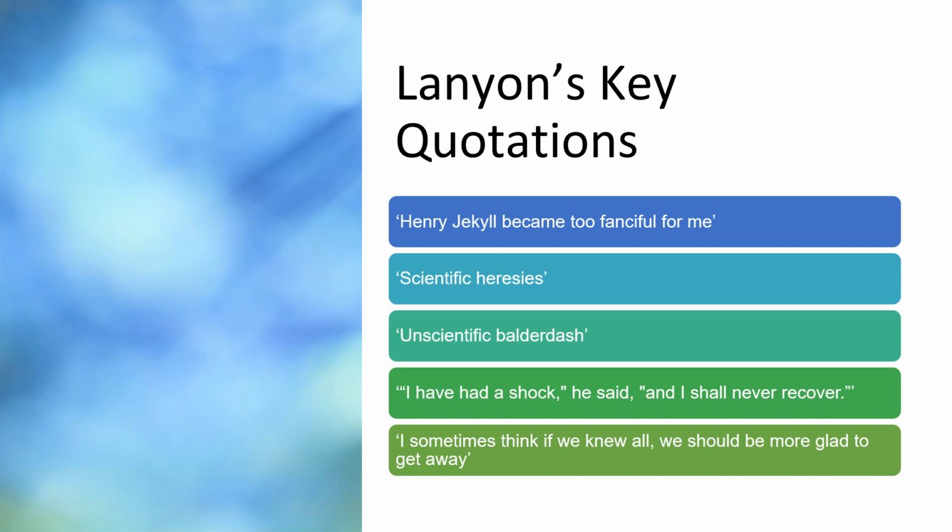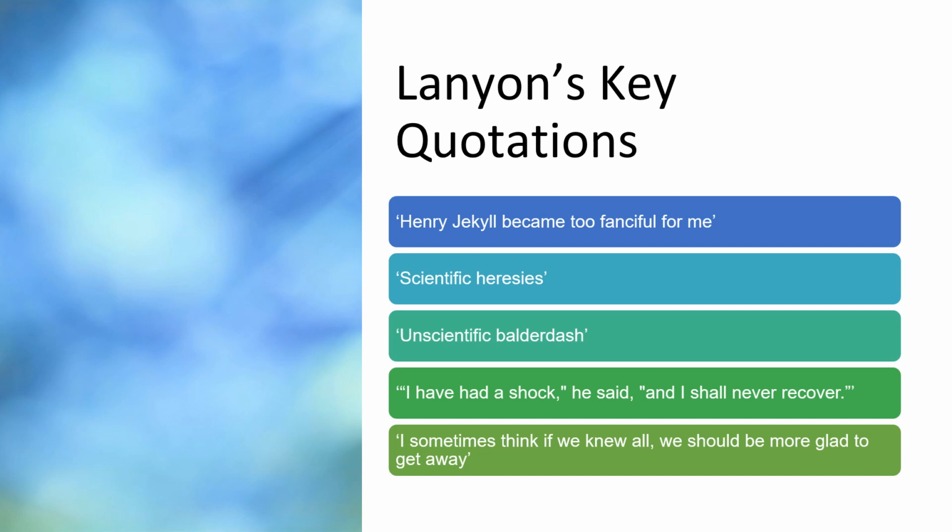When he says this, balderdash very much means that it's nonsense. He also calls it unscientific because, again, it doesn't fit with his version of science and his way of looking at science. He calls it unscientific because he doesn't actually believe that this is really science. So once again, we have this adjective that we could zoom in on with unscientific.